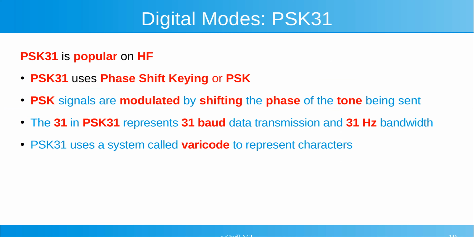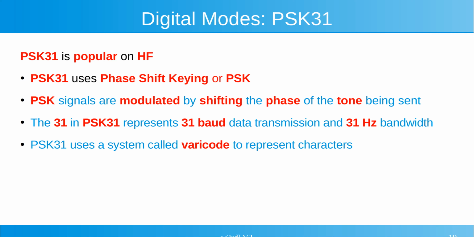It uses what we call phase shift keying as opposed to amplitude modulation or frequency shift. And you change the phase of the tone that's being sent in discrete intervals, each one representing what we call a symbol.